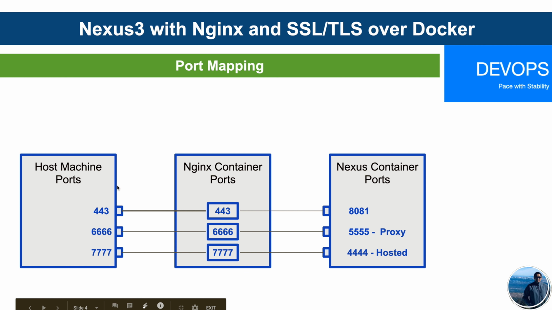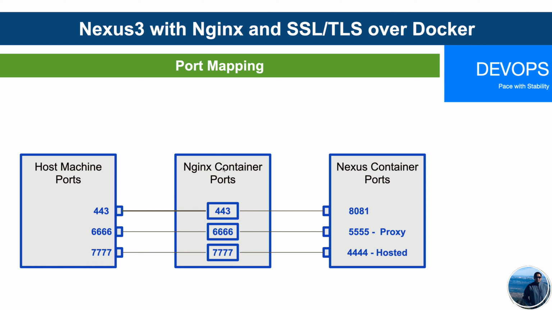So this is how our port mapping looks. This is our host machine ports. 443 of the host machine is mapped with 443 of the nginx container, whereas 6666 is configured with 6666 and so on with 7777.